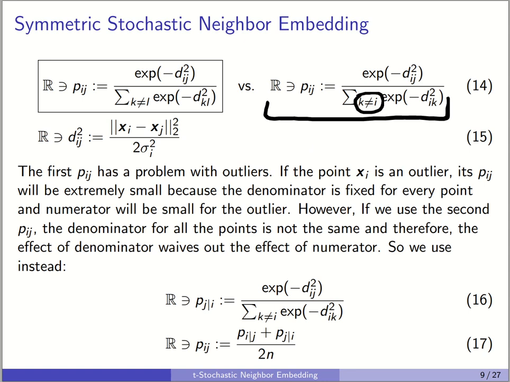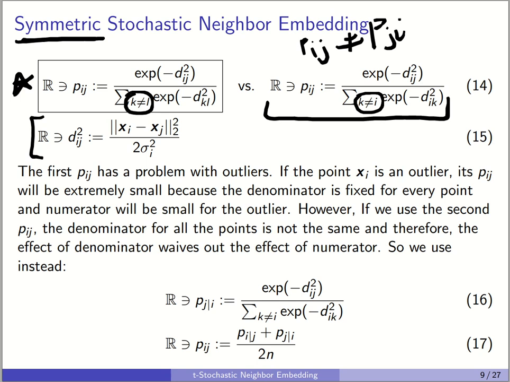Therefore, Pij in this case is not equal to Pji, because for Pji we will have a summation over k not equal to j. This makes SNE not symmetric. In order to make it symmetric, we can say let's sum over all pairs of points. Notice this. They replace this Pij with this, and this becomes a symmetric SNE, and they use the same Dij.